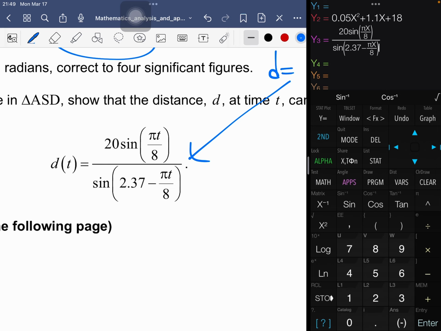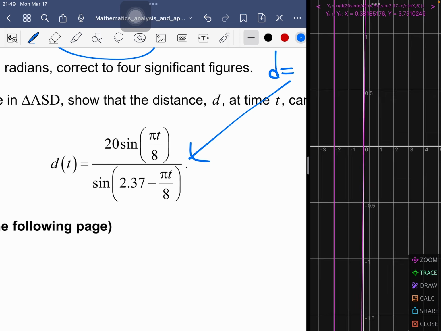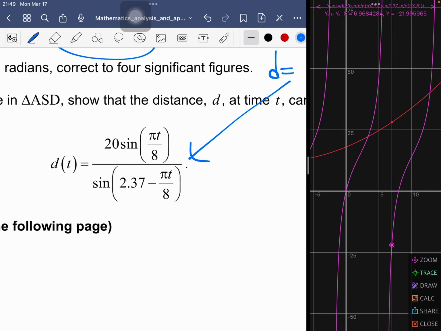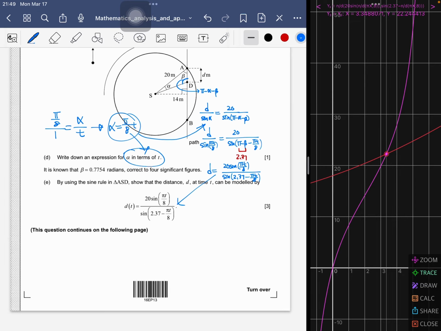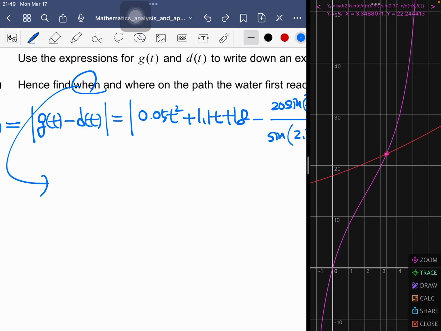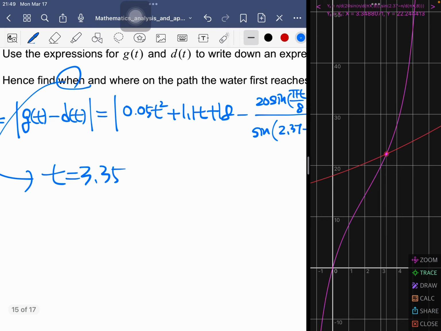So we need to find the point where these two graphs meet. Okay, we see that these two graphs meet over here, when t equals 3.35. At t equals 3.35, the position of the turtle and the position of the sprinkler are the same.